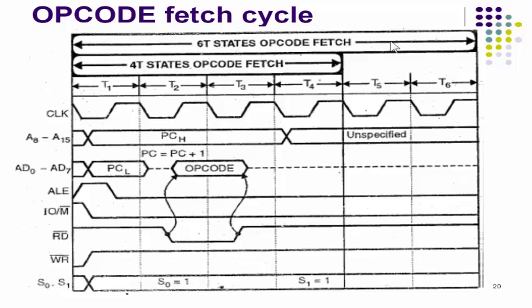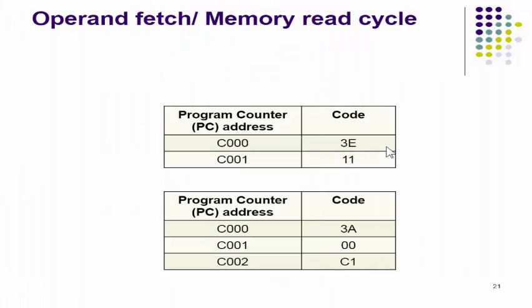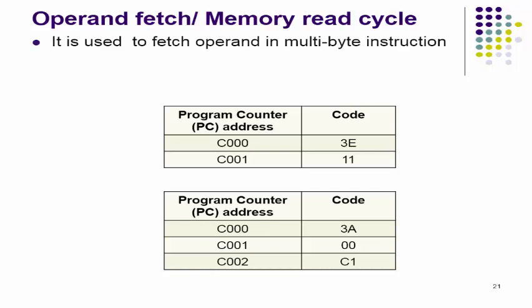Then PCHL, load program counter with HL pair; CALL, stack pointer decrementation by 1; RET, stack pointer incrementation by 1. These are a few examples where internal operation and T5 and T6 clock cycles are required. So this is the complete opcode fetch machine cycle, 4 T state and 6 T state.